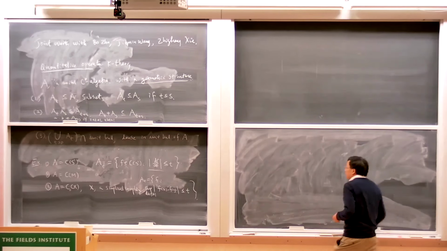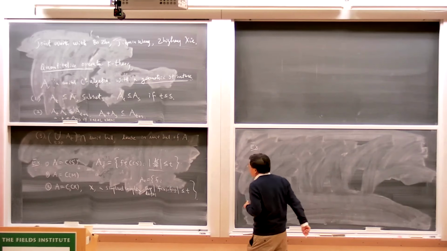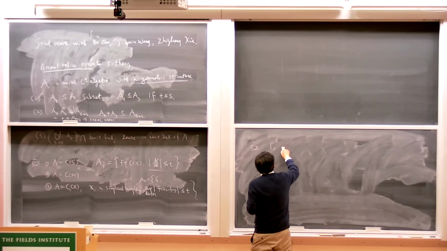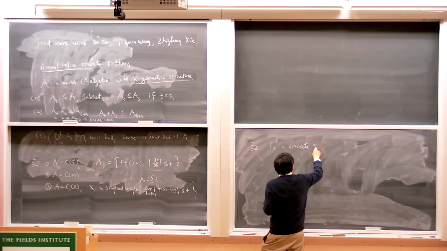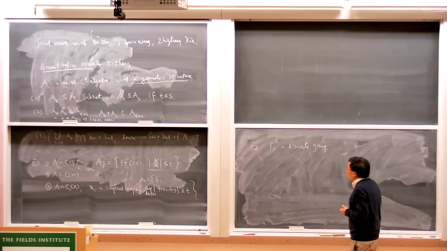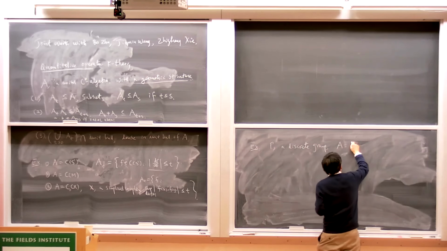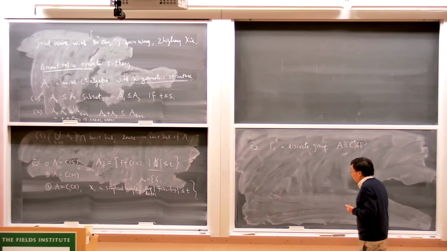Okay, so the next, of course, I can look at examples like if gamma is a discrete group, or if you wish, finitely generated with a length function. Then if you take A to be, say, the group C*-algebra, this algebra could be max, could be reduced, depends on what you like.